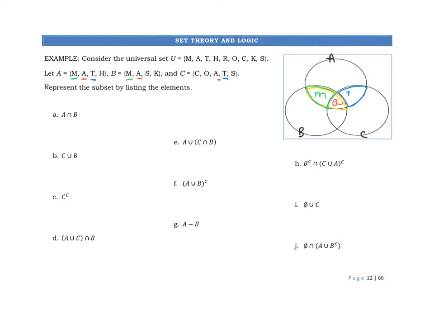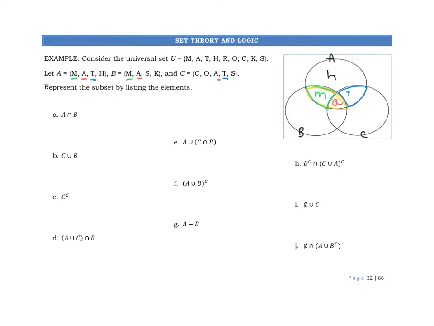Okay, does set C have an h? No, it doesn't. All right, so when I'm looking at set A here, I have one more element, and that is h. That doesn't seem to be in B or C. So if you look at everything that's in set A, we have the MATH, so we're good.